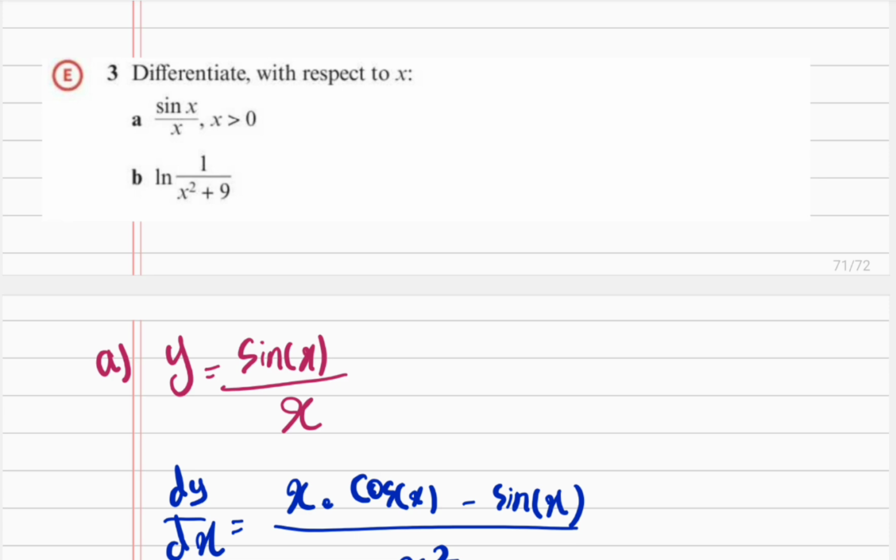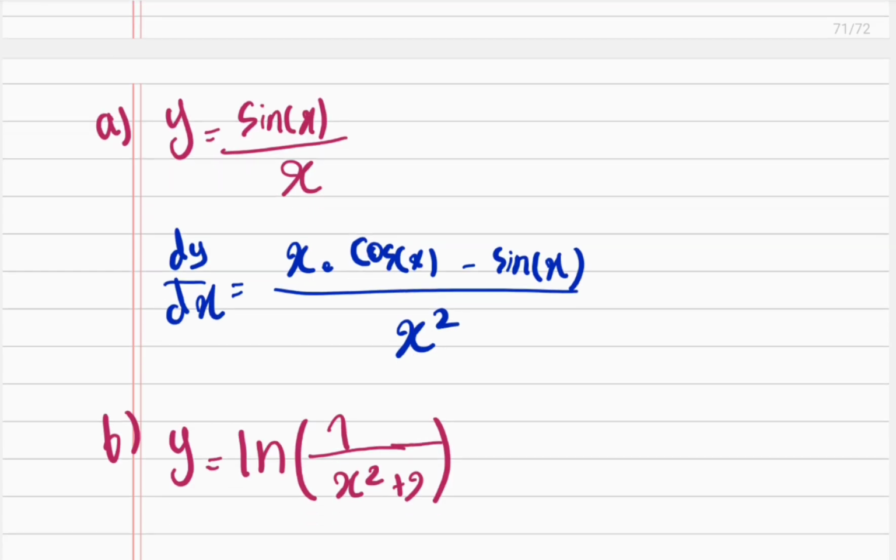Now part B is the more interesting one. We have y is equal to ln of 1 over x squared plus 9. So for this one, we need to use two different things. First of all, remember that whenever we have ln of any function and we want to differentiate that, the answer is going to be a fraction, the derivative of the function on the numerator and the function itself on the denominator.